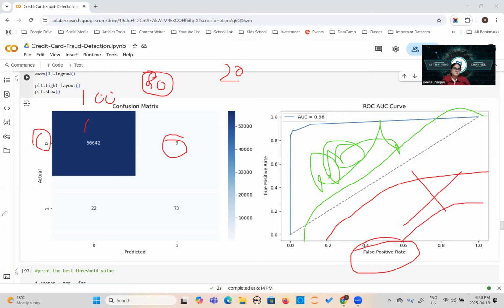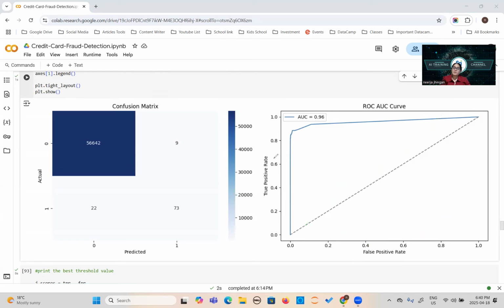Let me clear this all. So now it is saying its true positive rate is high. This is our goal because we want to increase this, right? And we want to decrease this.